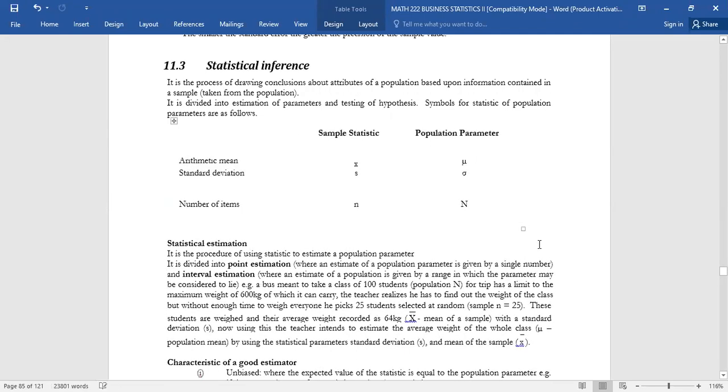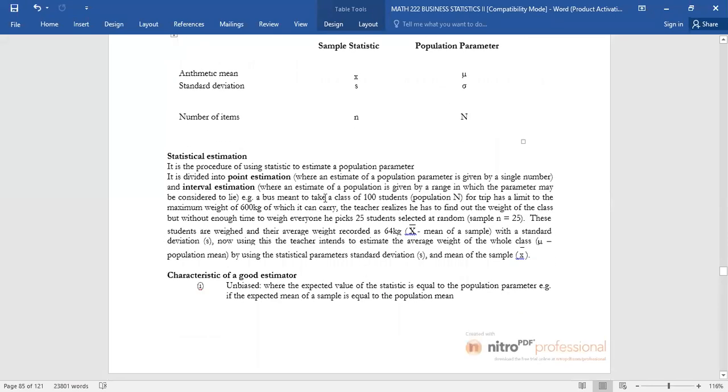So this is mu, this is X bar, standard deviation, small s. For the entire population, we talk of sigma. And then for the number of items in the sample, we talk of n for the sample size, whereas for the entire population, we talk of N.